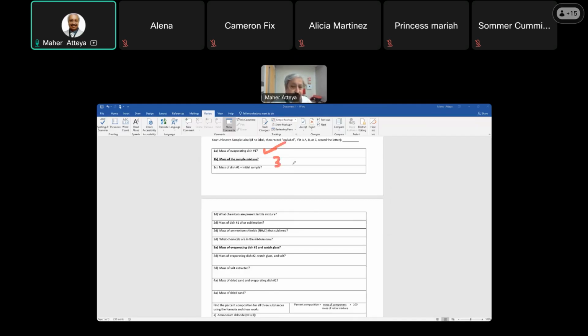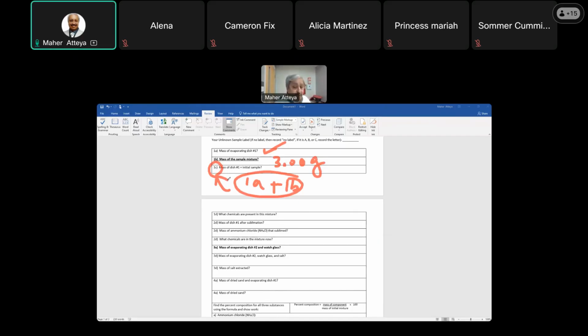In your case, you have to weigh 3.00 grams. Then this 1A plus 1B will give you 1C.